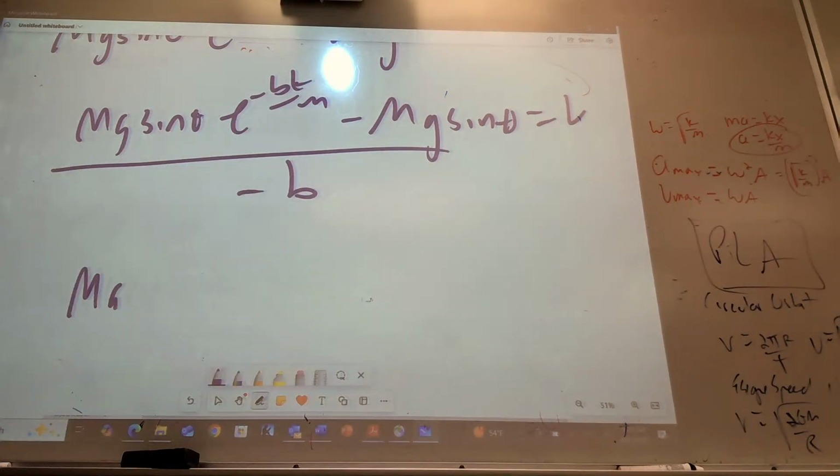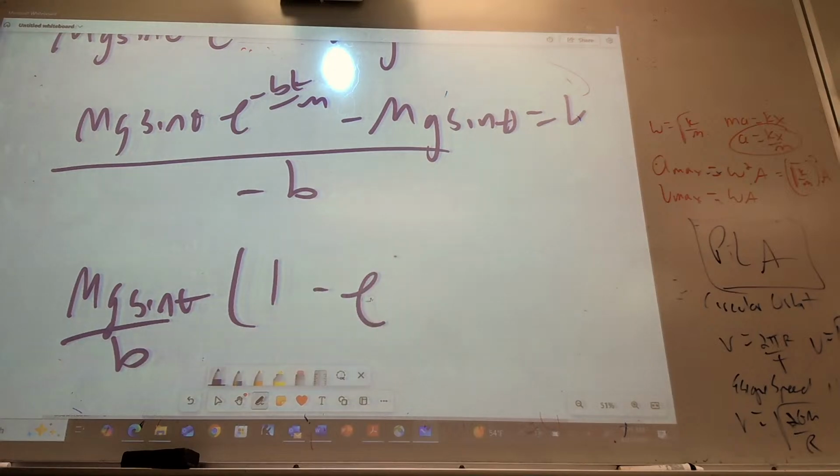Okay, so we have mg sine theta over b. I distribute that negative, and I'm going to rearrange these terms so I get 1 minus e to the minus bt over m is equal to v. Now you can write it as minus e to the minus bt over m plus 1, but it's just written like this. This is how you'll see it on a multiple choice question.